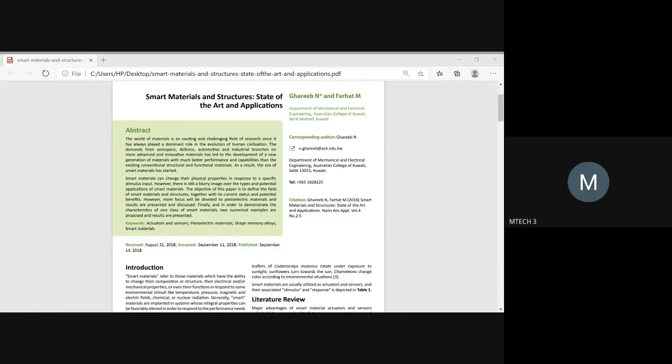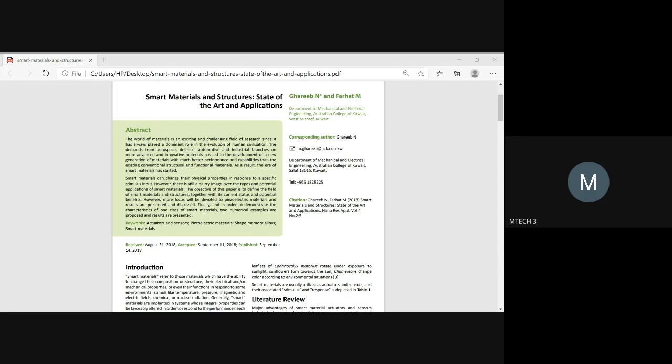It is not that only piezoelectric material gives you sensors, or only magnetostrictive material, or only pyroelectrics. Depending upon the requirement, what is the stimulus to which you can get the change, based on that you can select which type of sensor you need for which type of application.